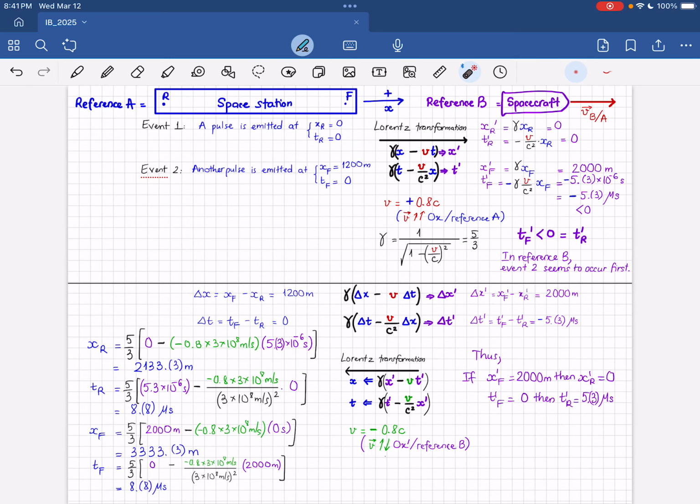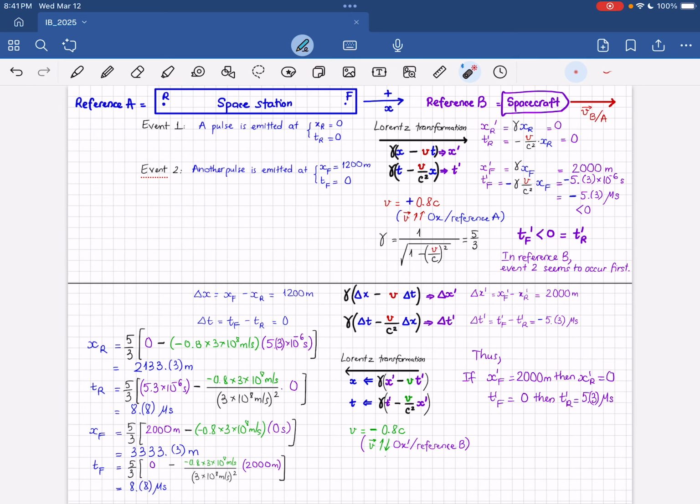Okay, so again, how can I find these values? Have a look at this one here. For the person staying at the spaceship, we have an observer here, okay? They don't see the pulses happen at the same time, but at two different time points.